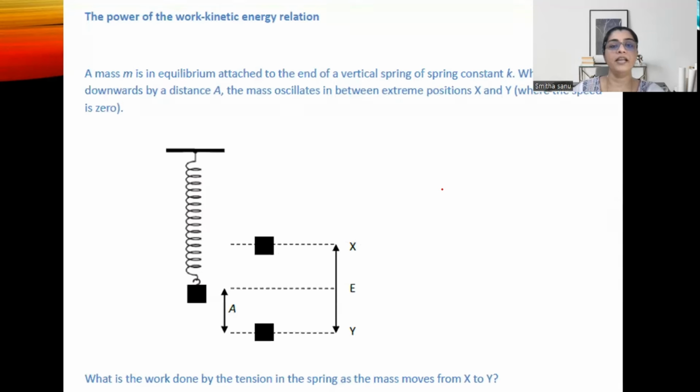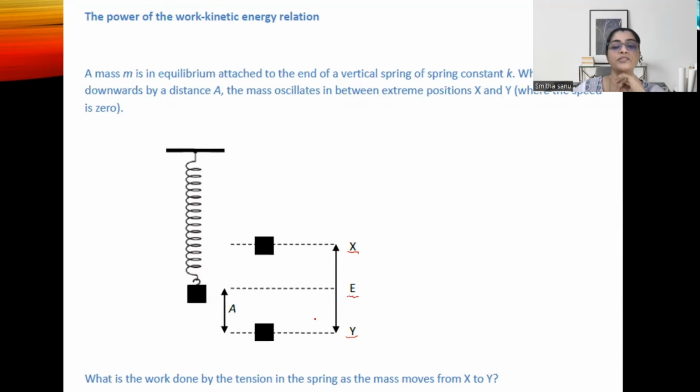Now we are seeing a direct application of the work energy theorem. Look at the system here. There is a spring having a mass m, which is hanging vertically. The spring constant is k. The spring is displaced through a distance of amplitude a. So x is one extreme position, y is the other extreme position, and e is the mean position.